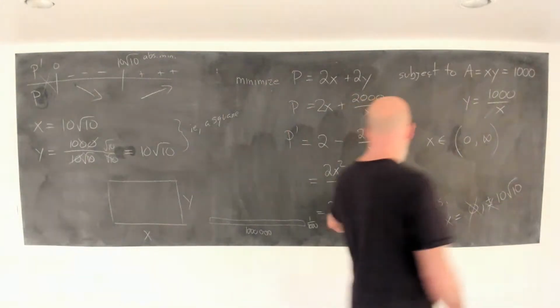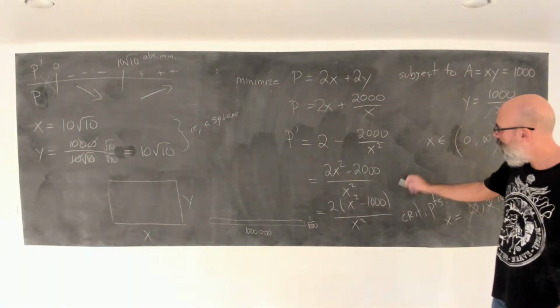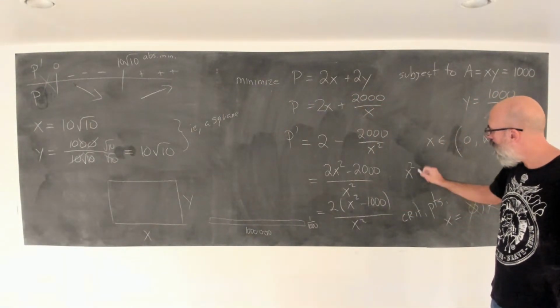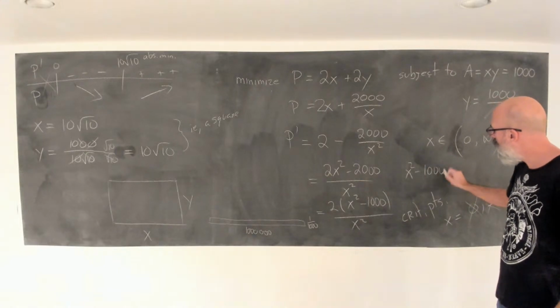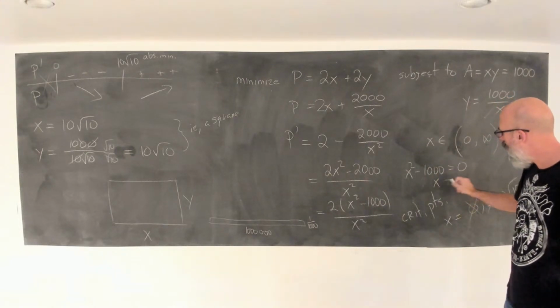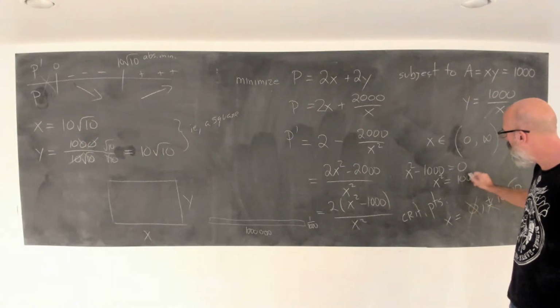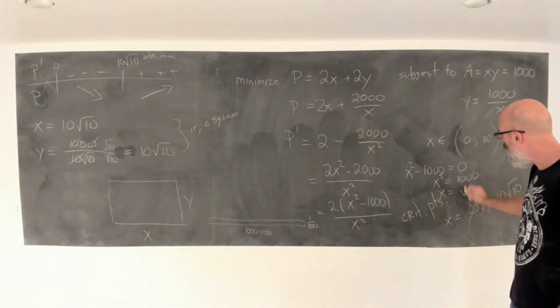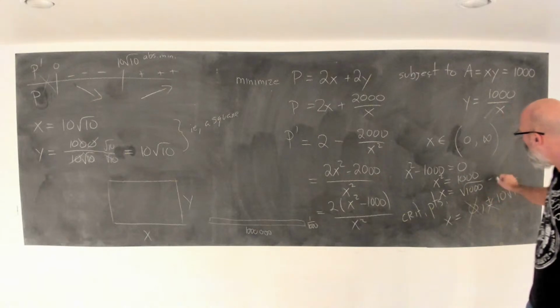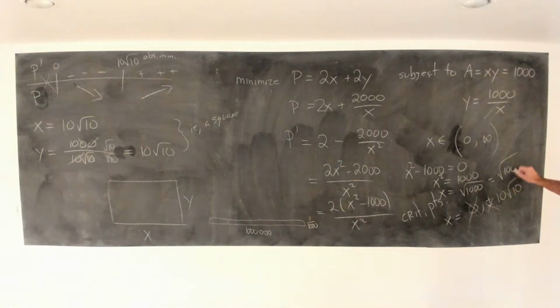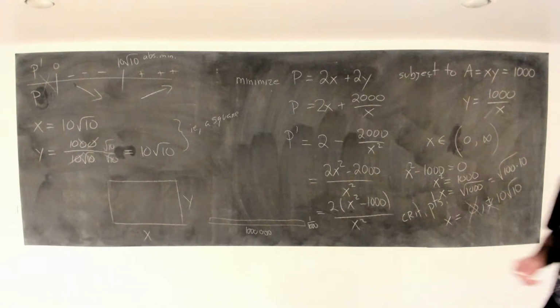The critical points here, we are solving when x squared minus 1,000 is equal to 0. So x squared is 1,000, and x is the square root of 1,000, which is 100 times 10. Square root of 100 is 10, so it's 10 root 10.